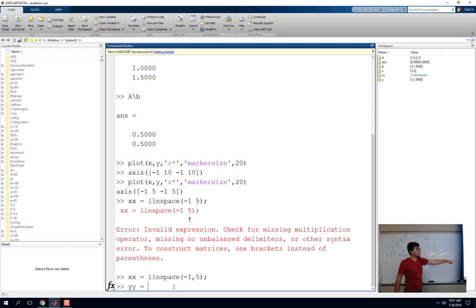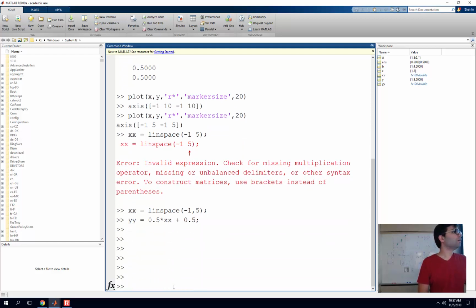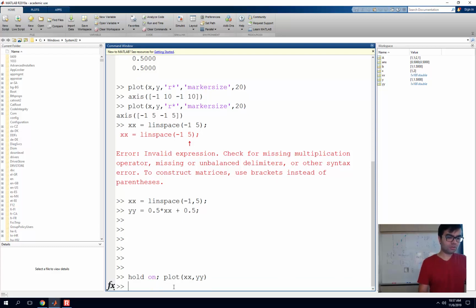My x is xx in this case, so I have 0.5 times xx plus 0.5. Does it make sense so far? And then I had my plot. I'll do hold on, and then plot xx comma yy.